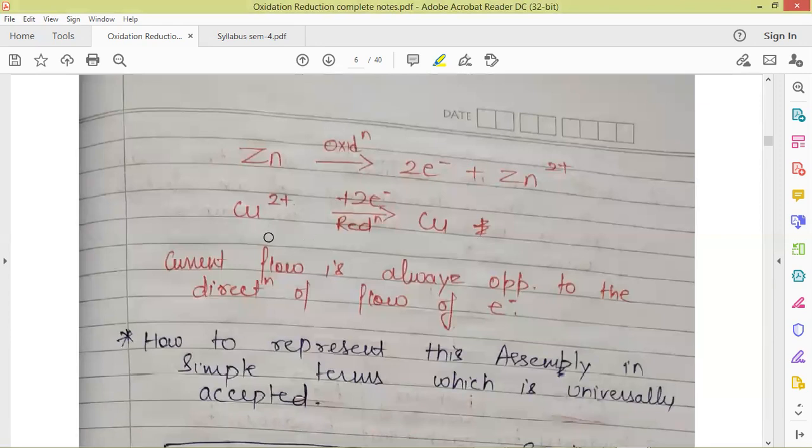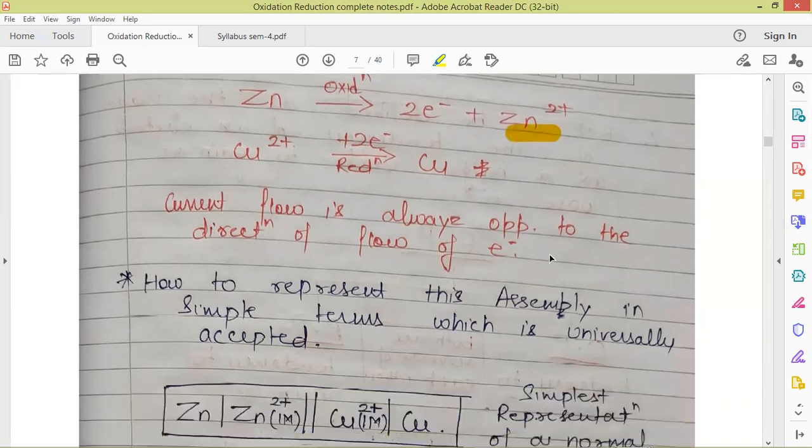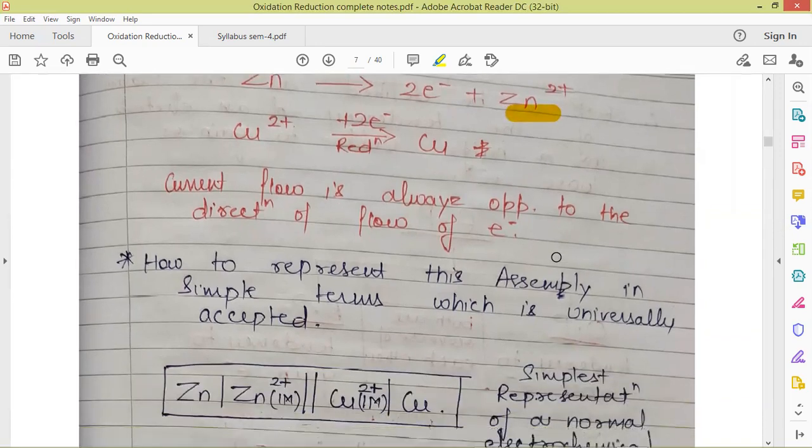Copper is undergoing reduction, getting converted from copper 2 plus, that is copper sulfate, to copper, and zinc is undergoing oxidation, converting from 0 oxidation state to zinc 2 positive. Current flow is always opposite to the direction of flow of electrons. Electrons are flowing from zinc to copper, that means from anode to cathode, and current is flowing from cathode to anode.